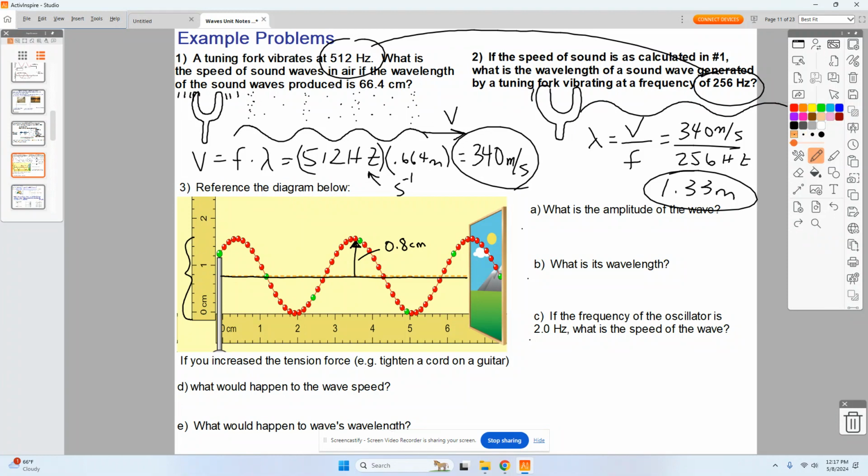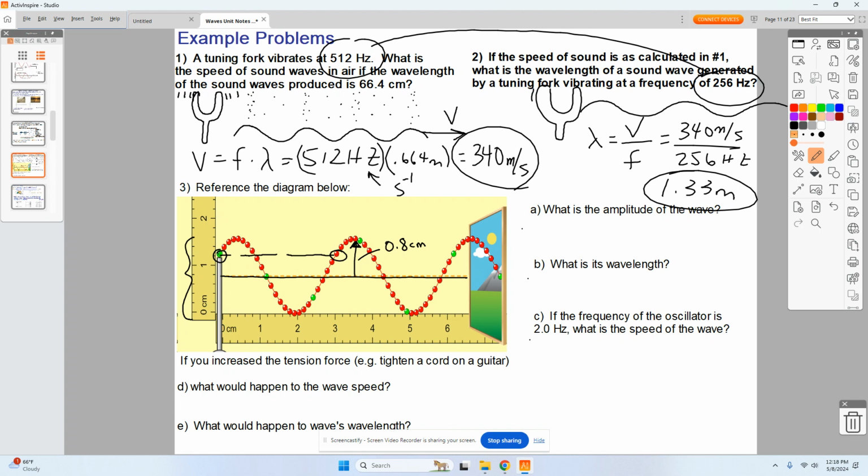Where it starts to the bottom. Okay, so where it starts is this one right here. Now, how far are you going over before you say the wavelength is completed? If I choose this one, I'd have to go over to the exact same point over here and that would be a full wavelength.